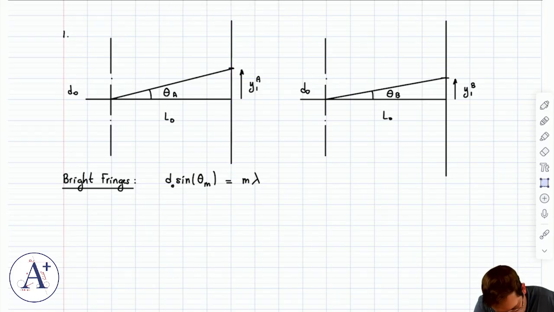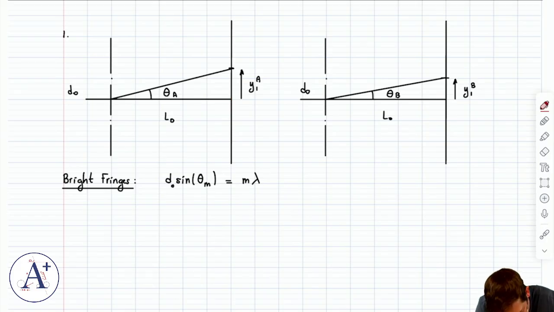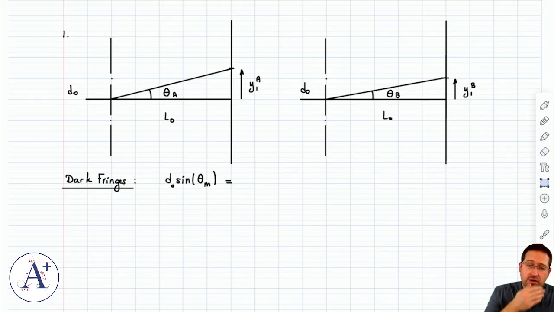For m equal to 0, I'm going to get the bright central fringe, and I don't know what I'm doing. What am I doing? Apologies. You see, you get excited about bright fringes, and this is what happens. No, dark fringes, obviously. We're looking for the first dark fringe.